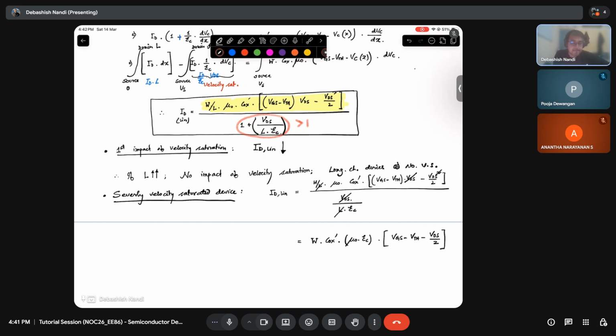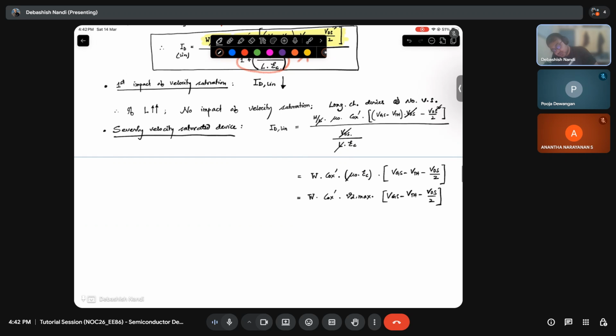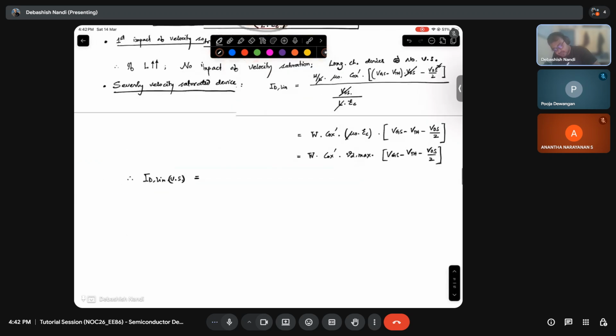Okay. So this boils down to W times Cox times Vd max times VGS minus VTH minus VDS by 2. So this is your ideal velocity saturated expression.